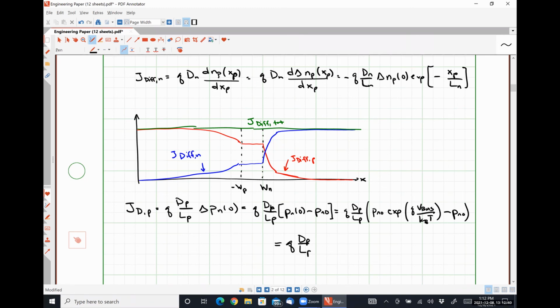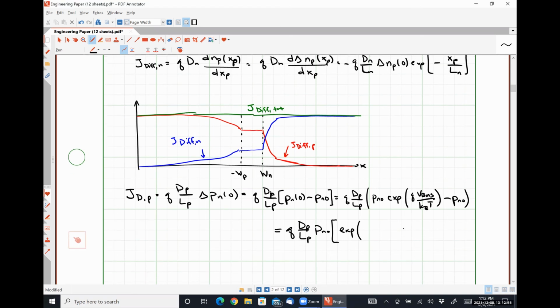Q dP over LP Pn naught times the exponential of Q V bias over kBT, close parentheses, minus 1.